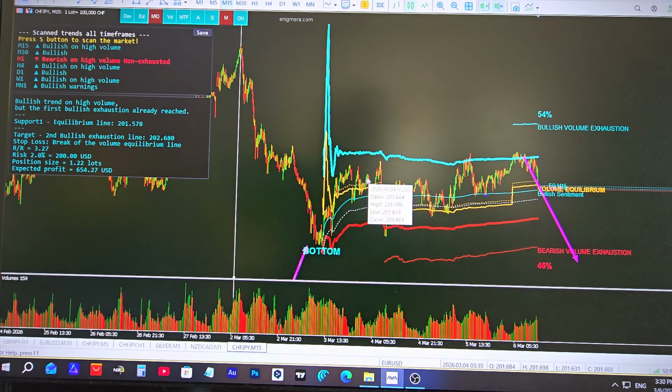This is your signal, because the market is saying, I can trade over the equilibrium in the bullish area. This is bullish volume, you see here. After that, the market dropped here and bullish orders were opened. Then the exhaustion line was reached and everybody collected their profit.